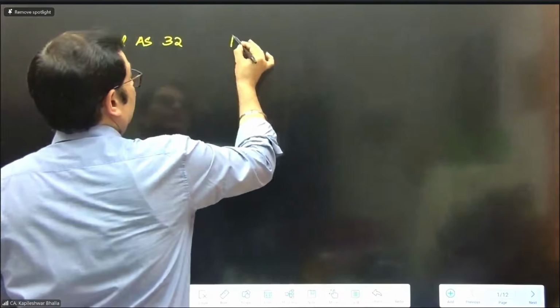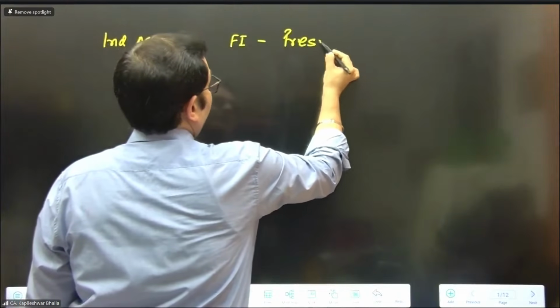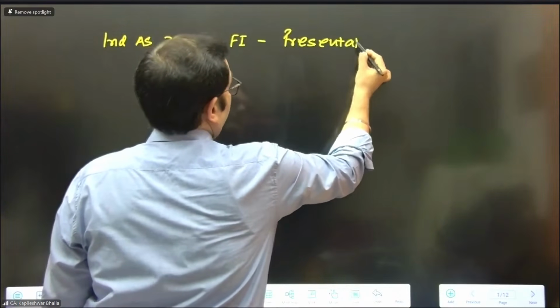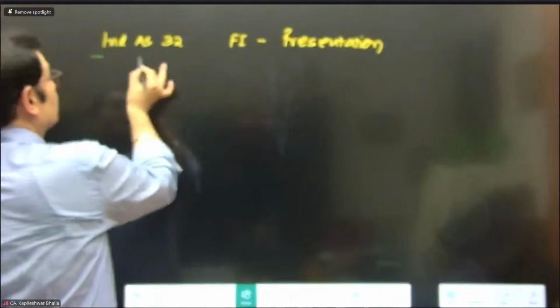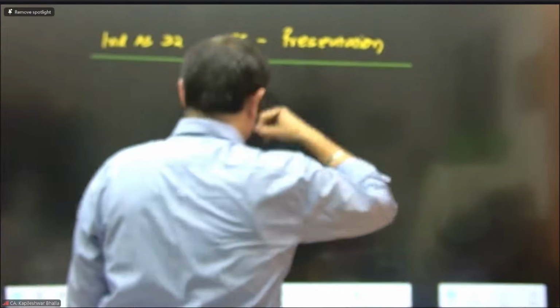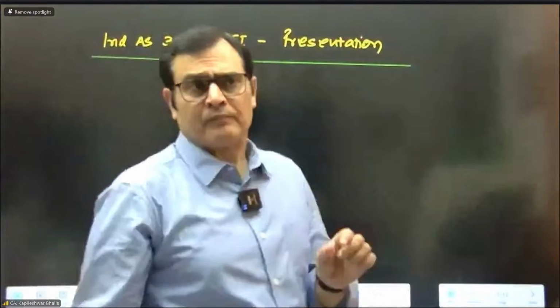So let's begin with a quick revision of Ind AS 32, which talks about financial instruments: presentation. Let me first try to recall the important concepts in terms of the presentation of financial instruments.